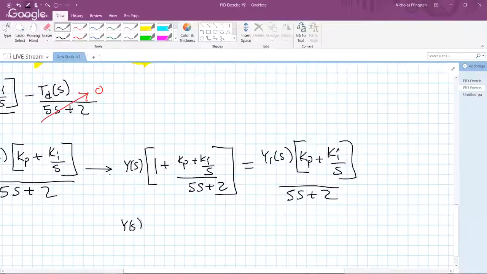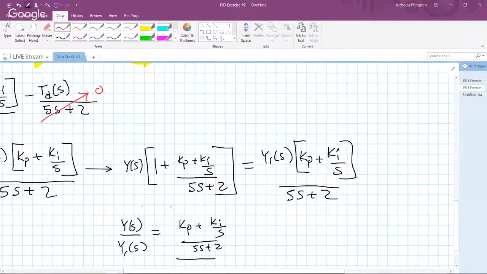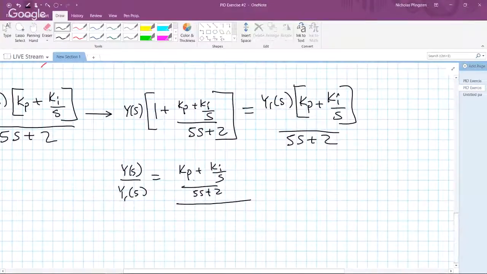Y of S over Y sub R of S equals Kp plus K sub I over S over 5S plus 2, over 1 plus Kp plus K sub I over S over 5S plus 2.